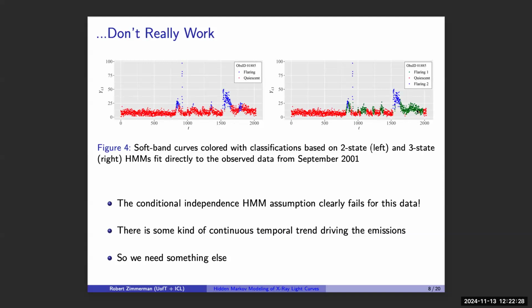You look at the set of data that's colored, and if the process did the classification correctly, then each set of individually colored points should be independent, and they're obviously not, especially in the areas that are very clearly flaring. So that tells us that the discrete state HMM, at least with a small number of states, is actually not quite appropriate. So we need something a bit different here.